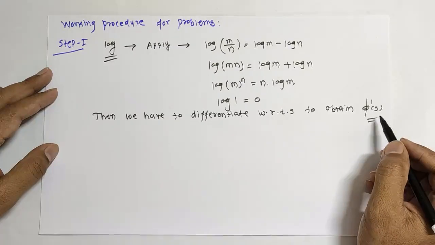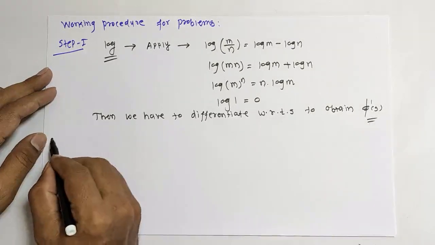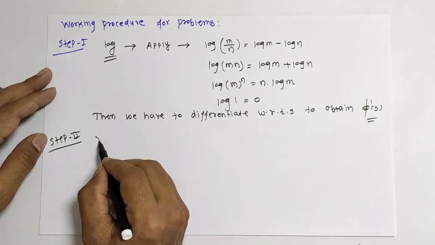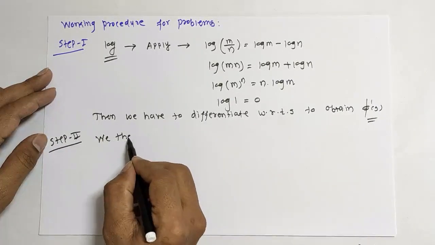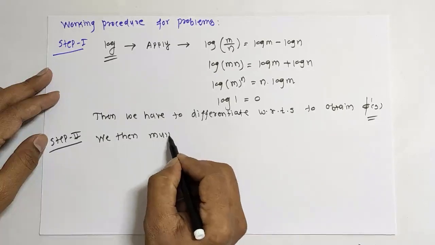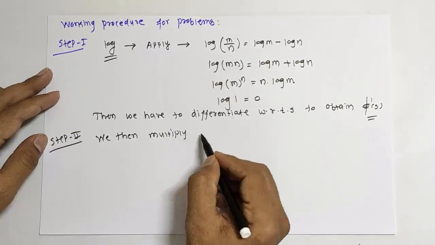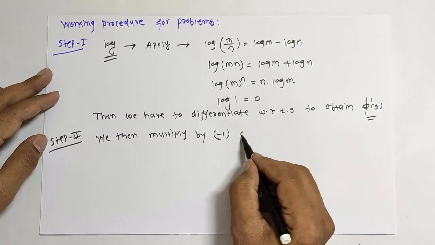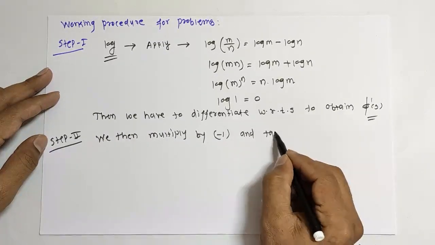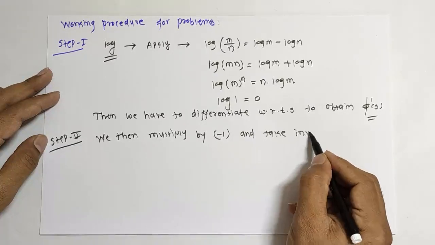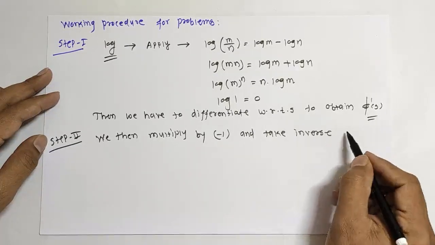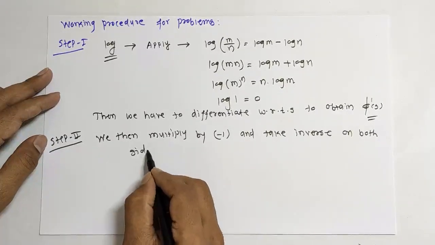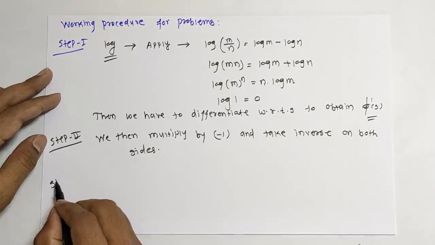Once we get phi dash of s, step 2: we then multiply by minus 1 and take inverse on both sides. Alright, this is the second step.